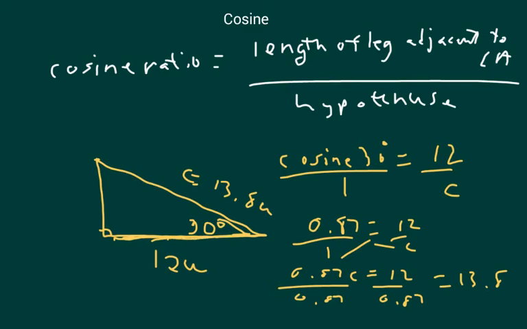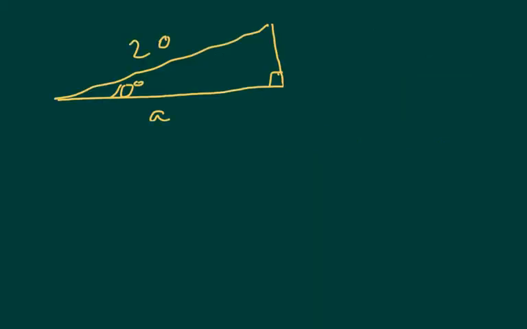So let's take a look at an example where we know the hypotenuse, but we don't know the adjacent leg. Okay, here we have a right triangle that has a 10-degree angle. And by the way, you could easily figure out the measure of the third angle. You know this is 90. And you know that together the three angles add up to 180, so 90 and 10 make 100, which means this other angle is an 80-degree angle.